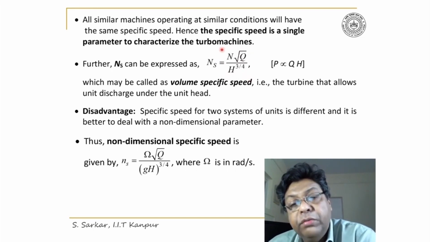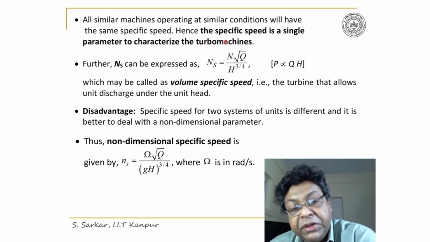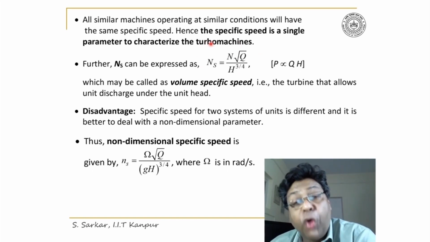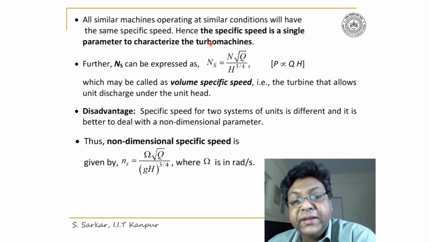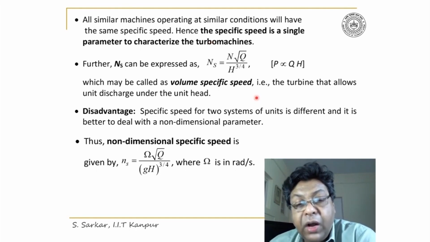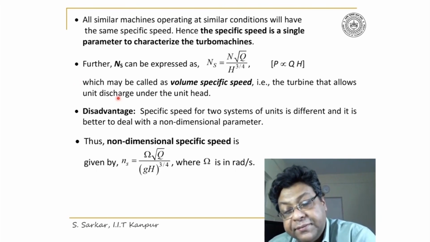This expression is obtained by replacing P as P proportional to Q into H. Now this expression of Ns is called volume specific speed and is defined as the speed of the turbine that allows unit discharge under unit head.